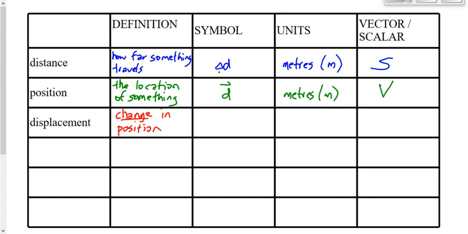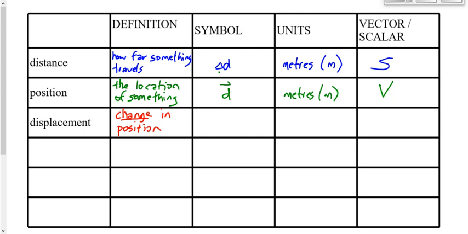The change in position is, well, what is my location changed by? If my position was 2 meters north of the wall, and my position now is 5 meters north of the wall, then my change in position is 3 meters north. Does that make sense? My position has changed by 3 meters to the north.